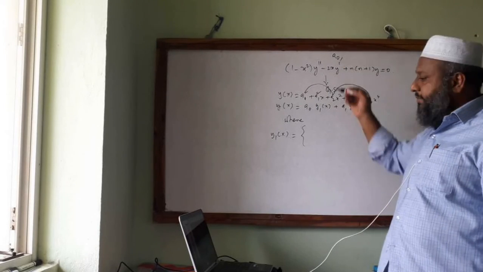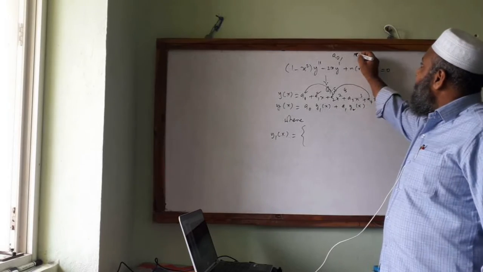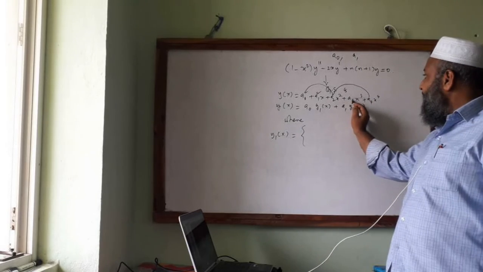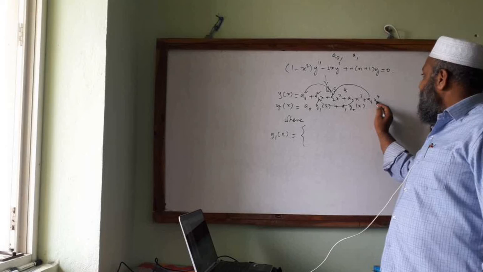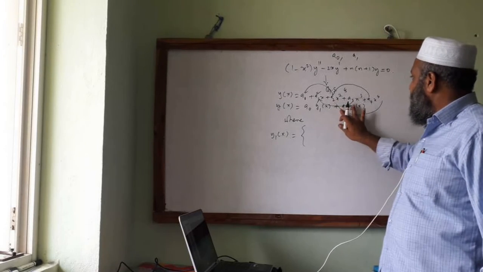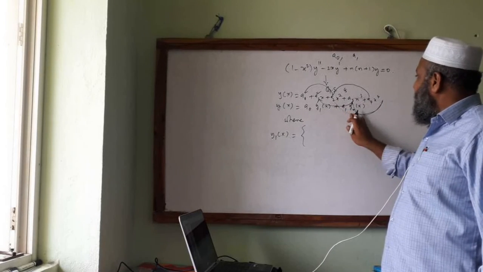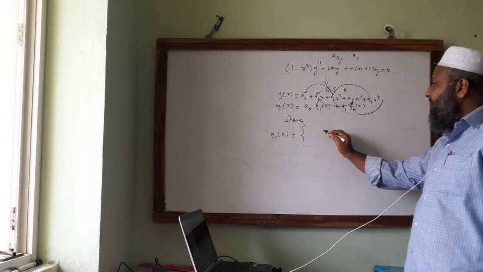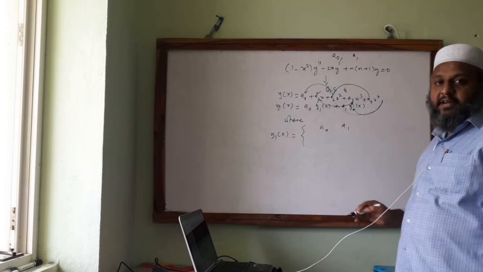So the arbitrary constants are basically only a0 and a1. If you see this, a3 depends on a1, a5 depends on a3, finally depends on a1. So what happens is a0 and a1 are arbitrary.